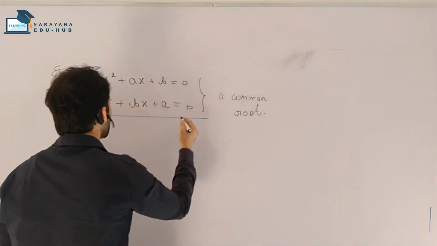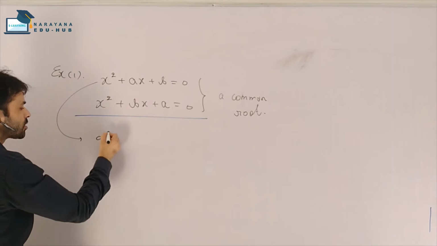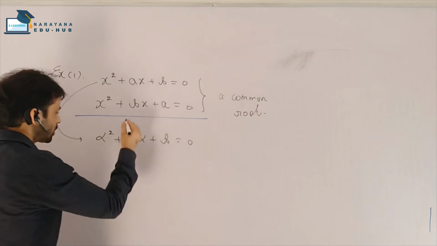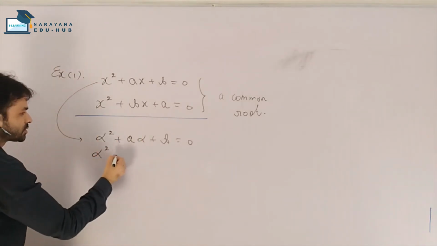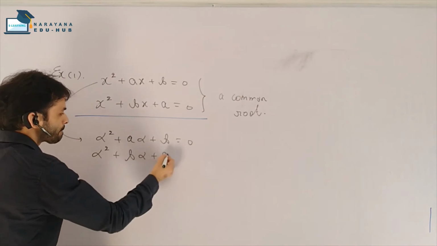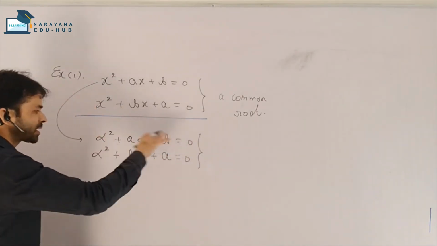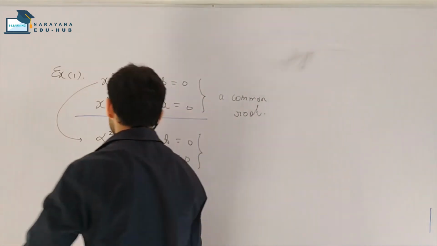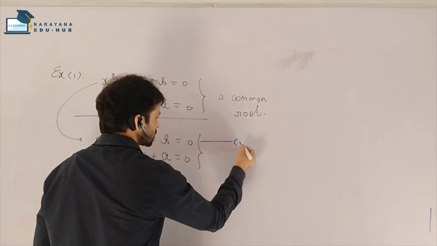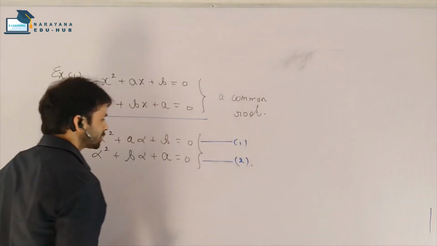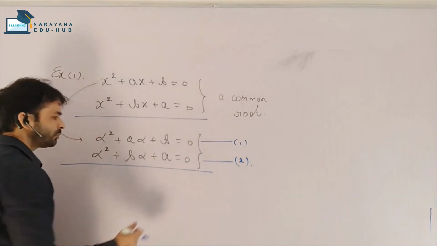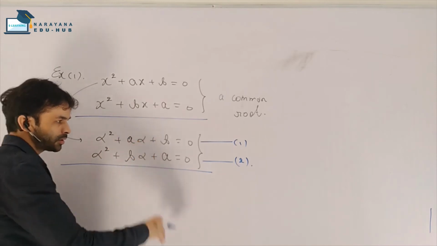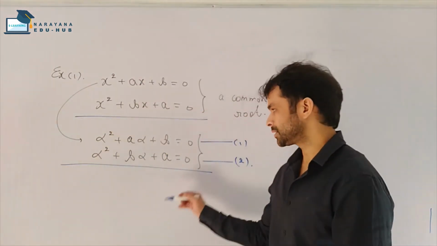If alpha is a root of this and alpha is a root of this, as we had written to find that condition, then we can use this shortcut. You have the first equation and the second equation. Alpha is the common root, so we can simply remove alpha square by subtracting the second from the first.